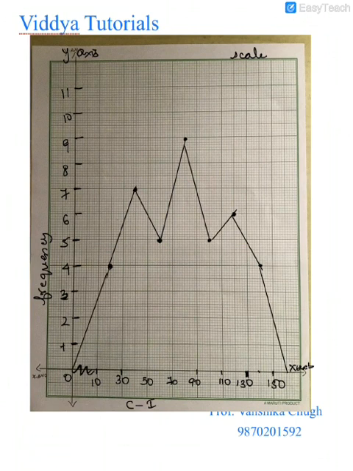So this is my frequency polygon. My scale, I have just forgotten to write it. So 1 centimeter on x-axis is 20 units, and on y-axis 1 centimeter is equal to 1 unit. So this is how the frequency polygon is drawn directly without drawing the histogram.